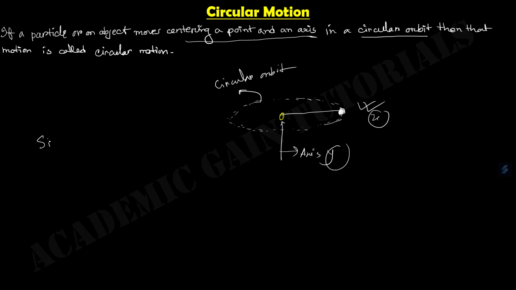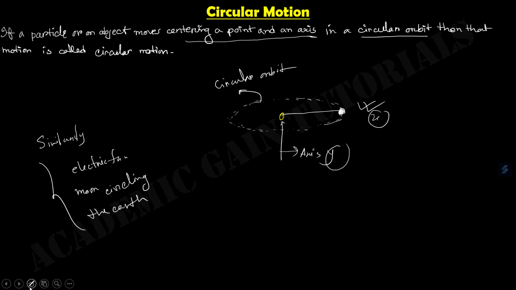Similarly, we can take an example of an electric fan, and we can take an example of the moon circling the earth. All of these are examples of circular motion, or we can say two-dimensional circular motion.